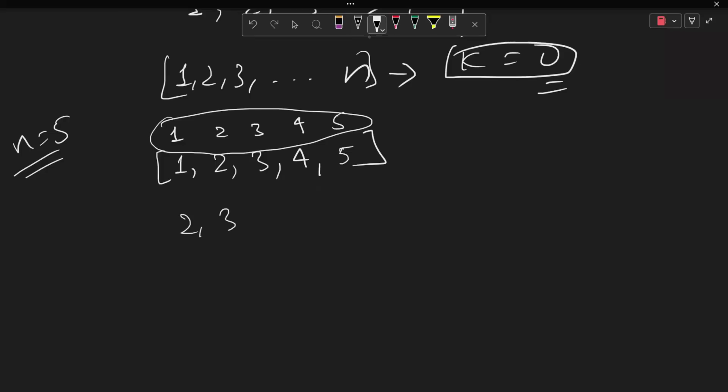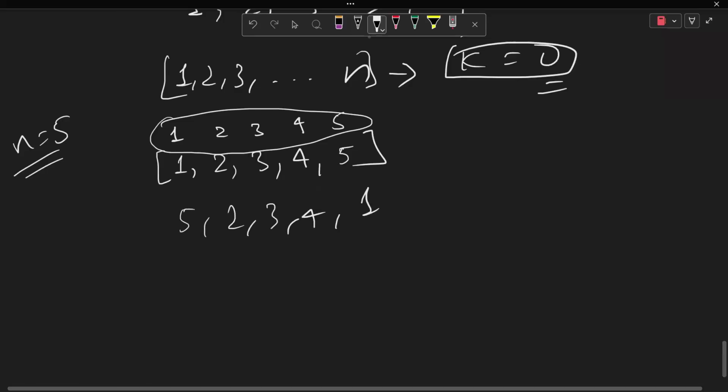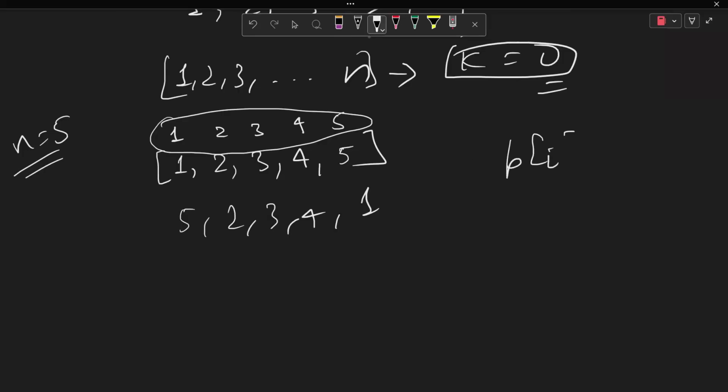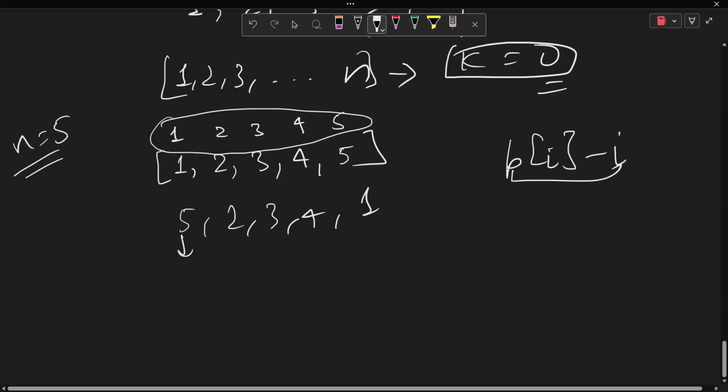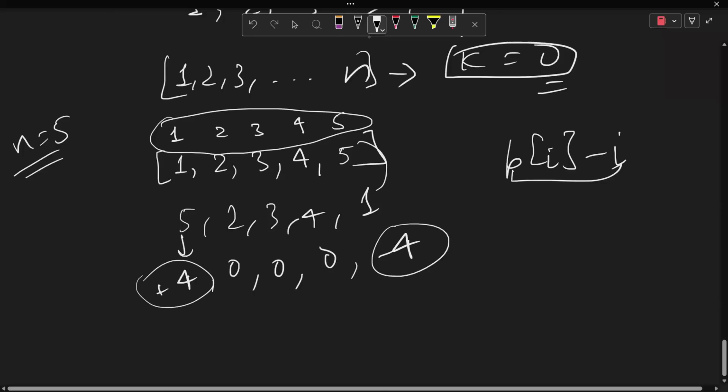Let's say you just swap 1 and 5. If you do p_i minus i, not absolute, you would observe that 5 minus 1 would be plus 4, 2 minus 2 would be 0, 3 minus 3 is 0, 4 minus 4 is 0, and 1 minus 5 would be minus 4. So if you had a plus 4 anywhere, you would get a minus 4.